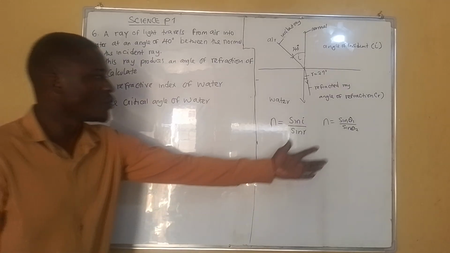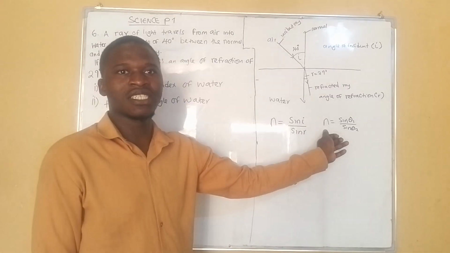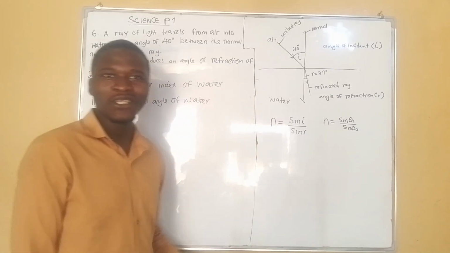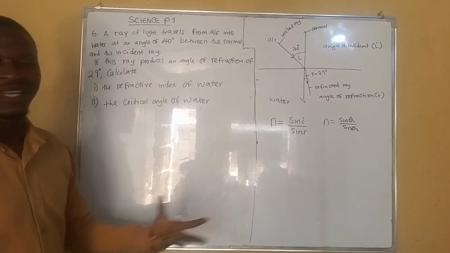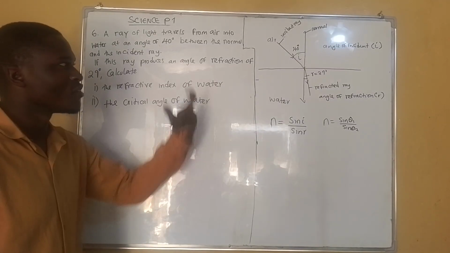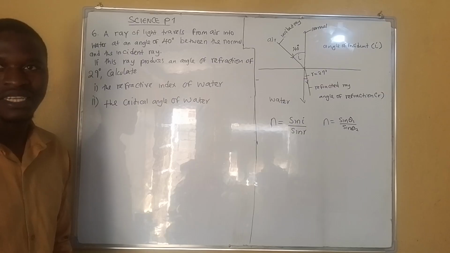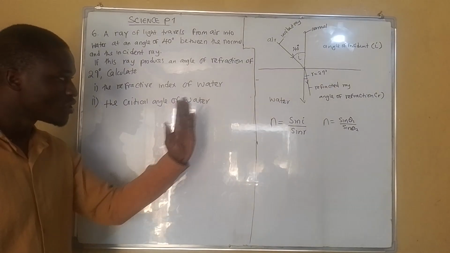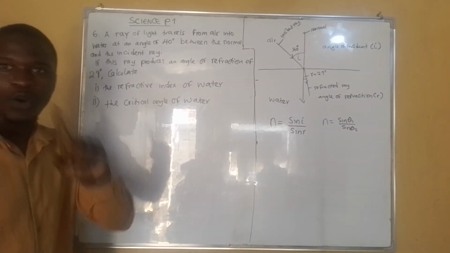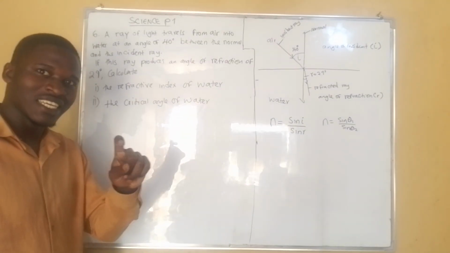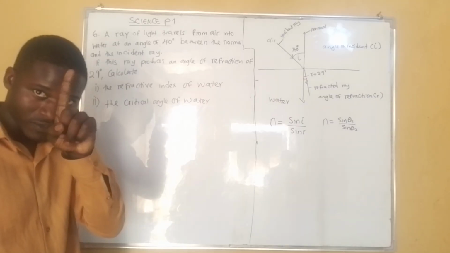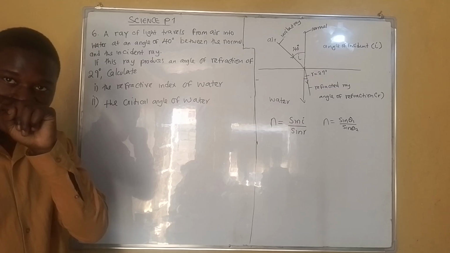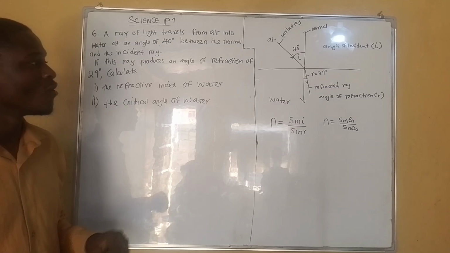This is the formula you use to find the refractive index. But we already know this, because the refractive index of water, if you are coming from air, will be 1.3 something, 1.33. So that's what you need to find there. We already know that the refractive index of air is 1.